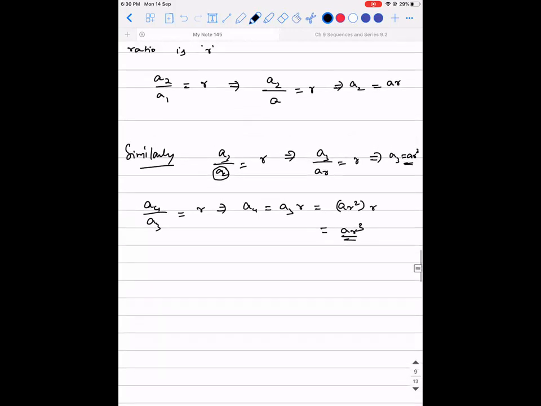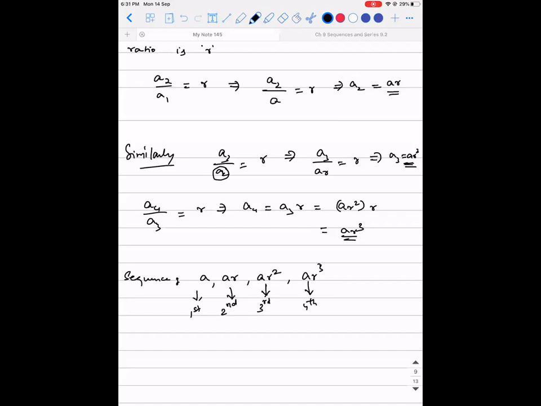Now, if I write the sequence, what will be the sequence? What is the first term? A. Second term? AR. Third term? AR square. Fourth term? AR cube. So observe, this is the first, second, third, and fourth.